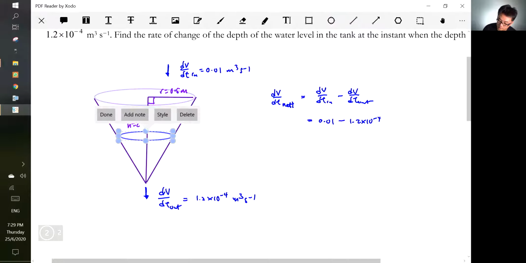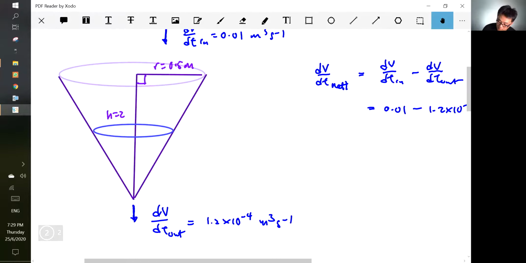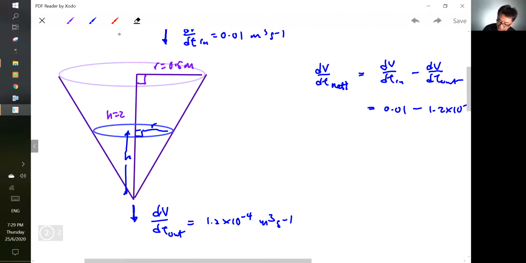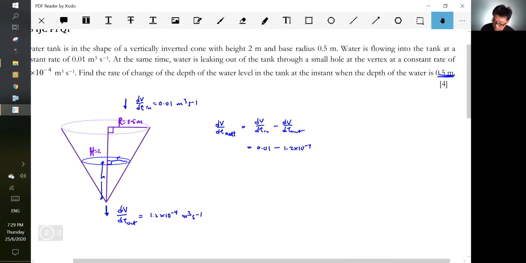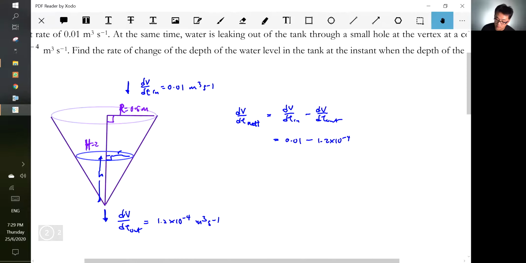The water would have a height also, and this height is changing. So maybe this height you put as a capital H, and typically you put this as a capital R. The capital R and H are usually constants, like R equals 0.5, and the small letters are the variables. So find the rate of change of h.